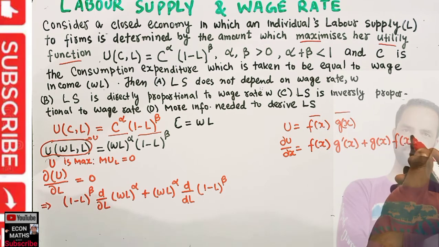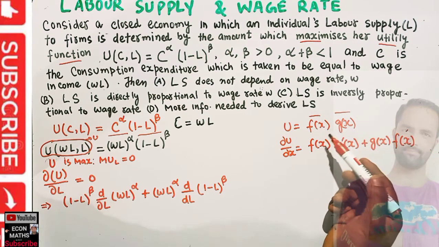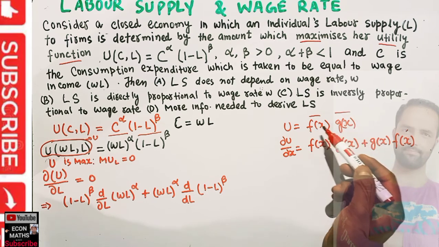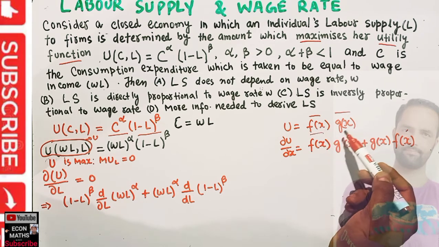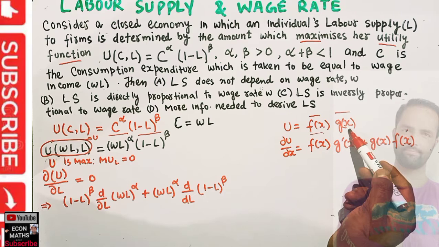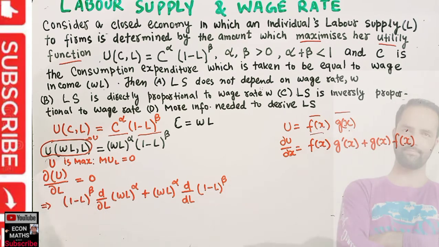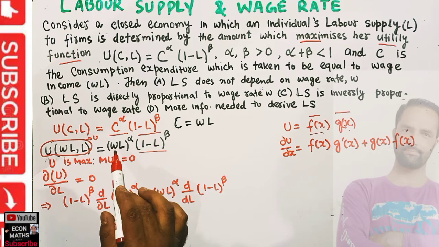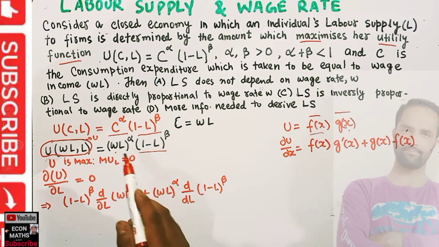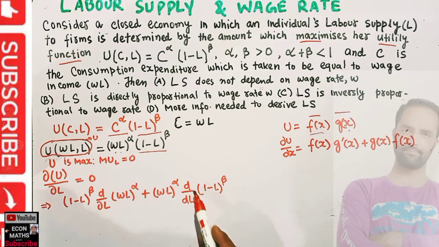Or you can take the derivative of the first function first and write the second function as it is. It will not matter here. I have written this function first and taken the derivative of the first function, then written the first function as it is and taken the derivative of the second function. A very simple idea.